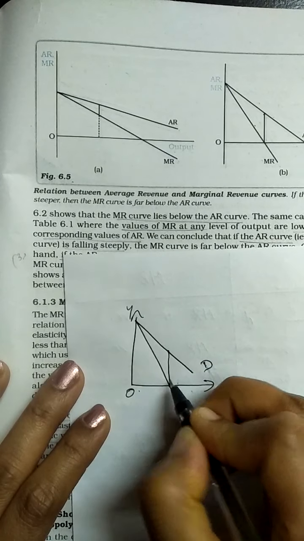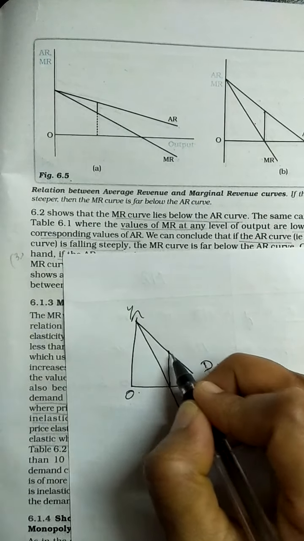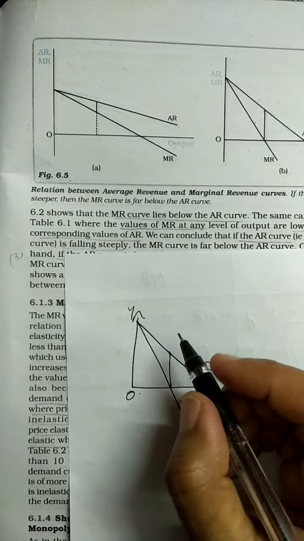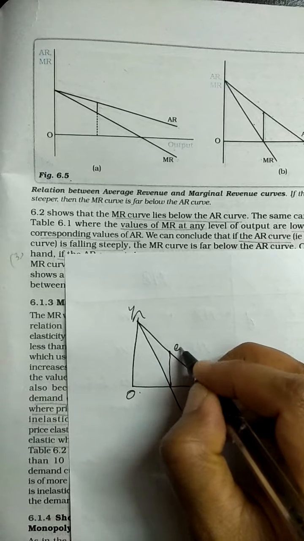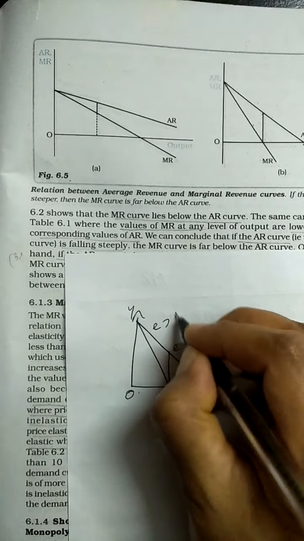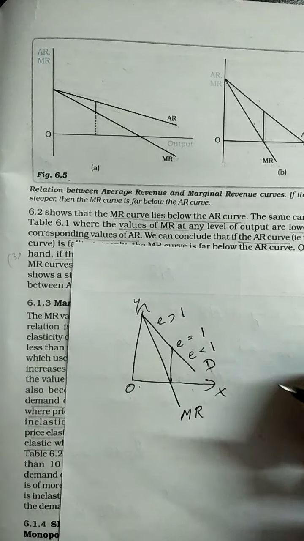At this point, where the MR curve touches the x-axis, and the vertical point that touches the demand curve, the point elasticity would always be 1, and here it would always be greater than 1, and this portion it would always be less than 1.